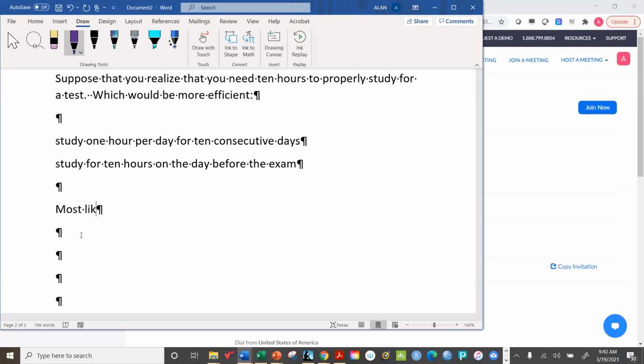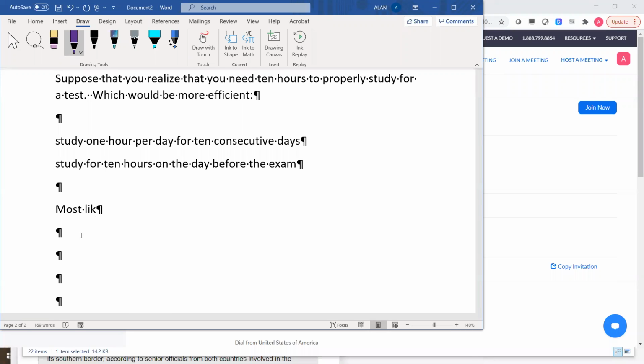And in fact, psychologists have proven that if you try to study for too many hours, it can actually become counterproductive. In other words, you can actually make yourself worse off by overstudying. Now, yes, it's true, for certain things, you might be able to make the case that if you're doing something that's so complicated that it doesn't make sense to just do an hour at a time, some things might be true.